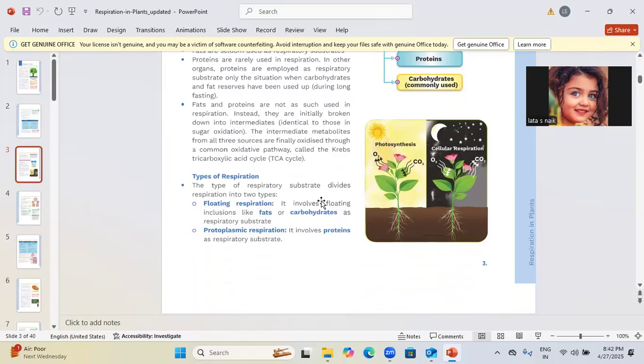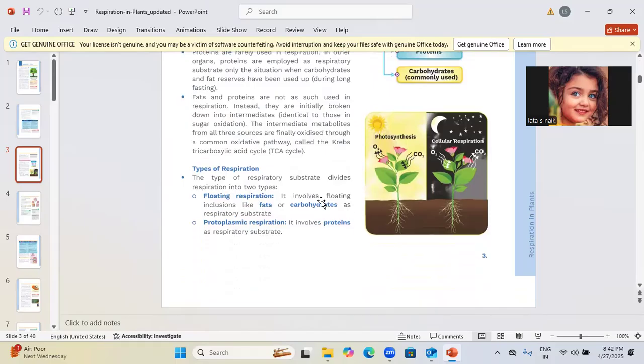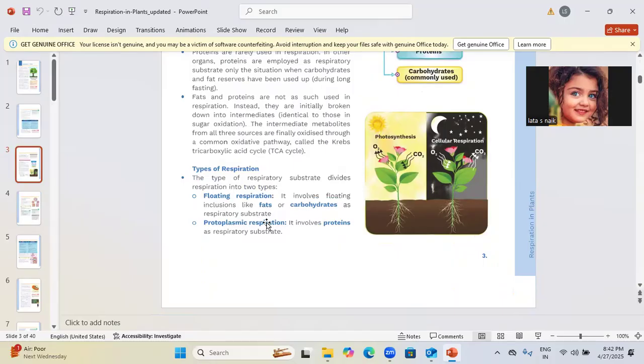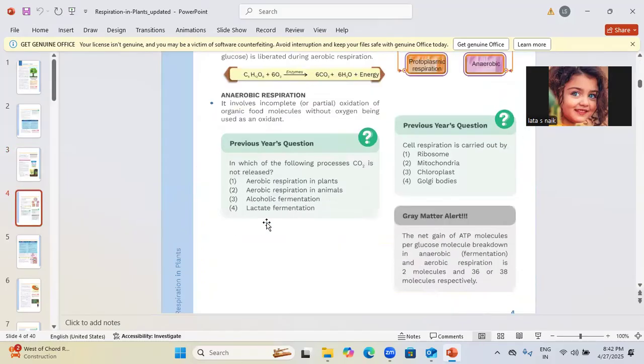Now, types of respiration. The type of respiratory substrate divides respiration into two types, that is floating respiration and protoplasmic respiration. Floating respiration involves floating inclusions like fat or carbohydrate as respiratory substrate, whereas protoplasmic respiration involves protein as respiratory substrate.